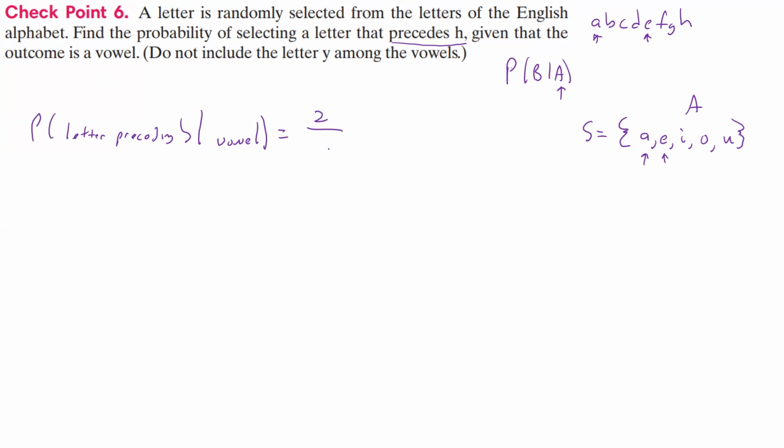One, two, three, four, five. So that would be our actual probability for that one.